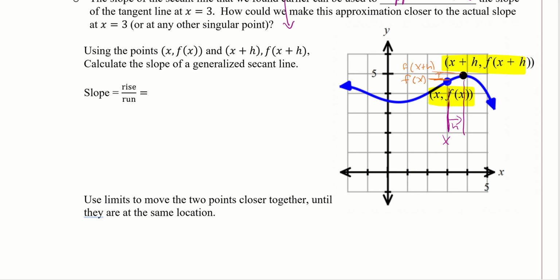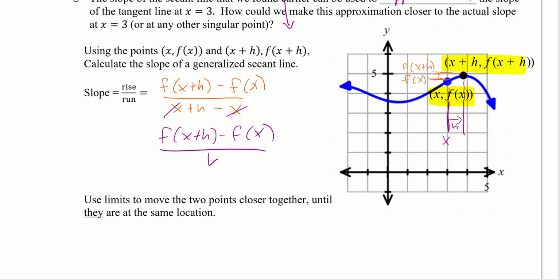So we're going to do f of x plus h, that first y, minus f of x. And then we're going to do x plus h minus the other x. And if you notice, they both have the x in common in the denominator, so we can get rid of those. And we're left with f of x plus h minus f of x all over h.